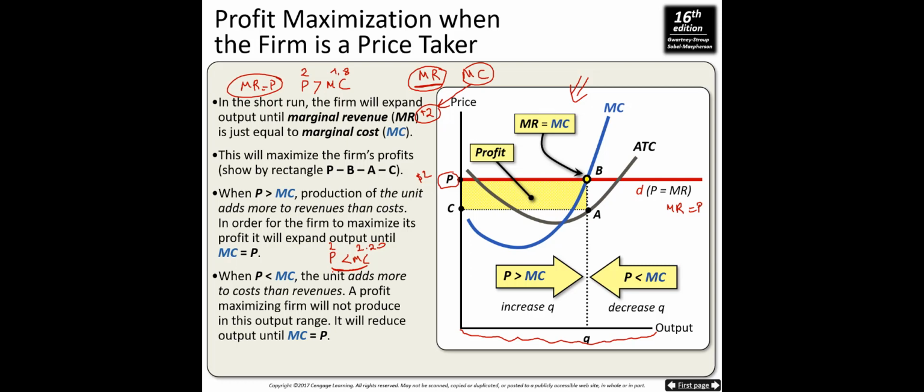You're paying from your pocket 20 cents more to produce that rice and sell it at $2. So this doesn't make sense. You shouldn't produce or sell this rice. You should decrease production when price is less than marginal cost.